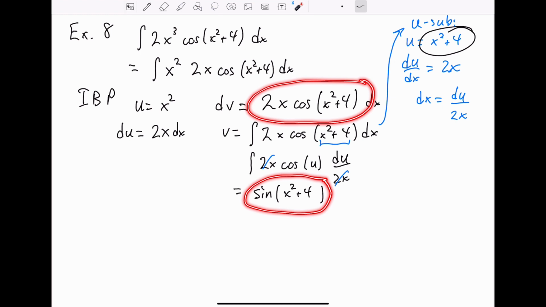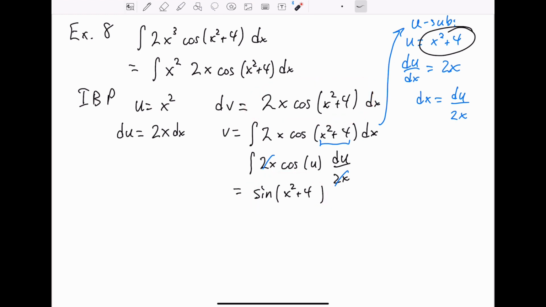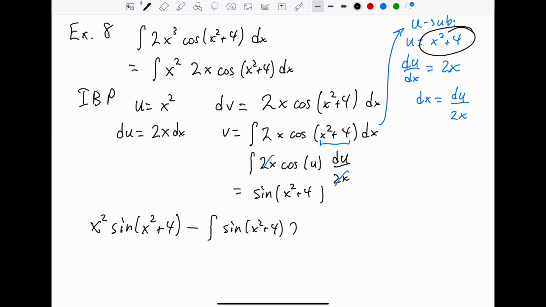Now that we have this, let's apply the integration by parts formula. We want u, which is x squared, times v, sine of x squared plus 4, minus the integral of v, sine of x squared plus 4, du, 2x dx.